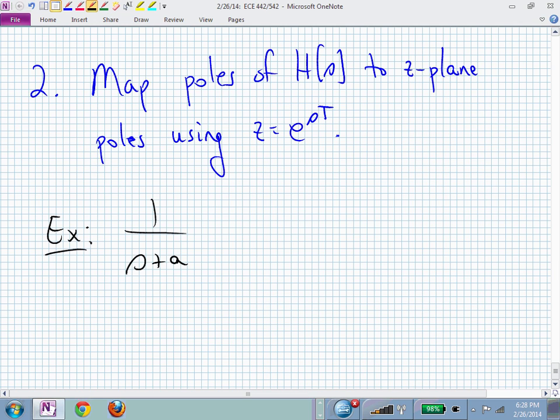This is now 1 over s plus a. Let's suppose that somebody says, okay, tell me about that in terms of a transfer function. And in particular, the second step was dealing with poles. Where's my pole? It's where that denominator vanishes. S equal minus a. That's, I hope, clear.